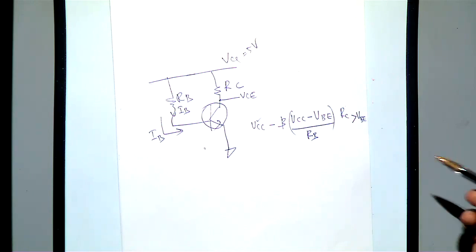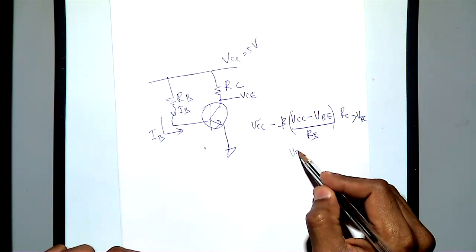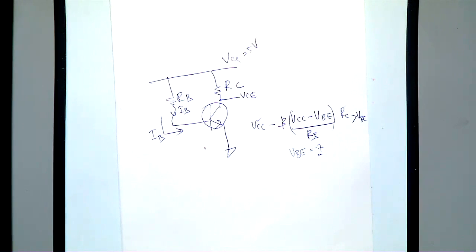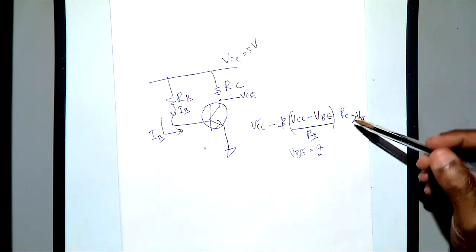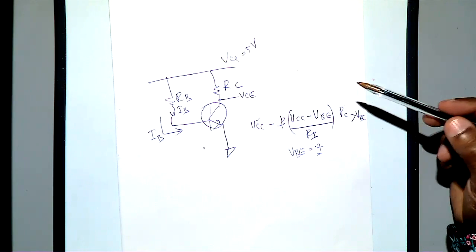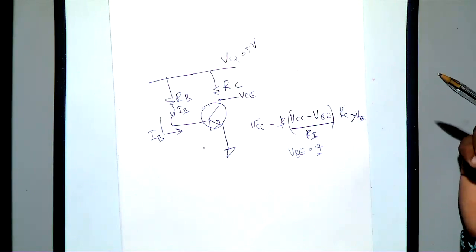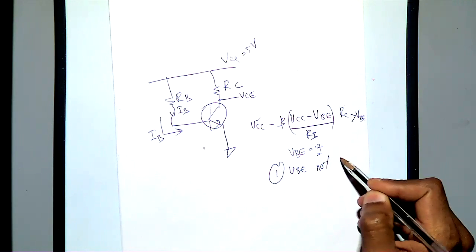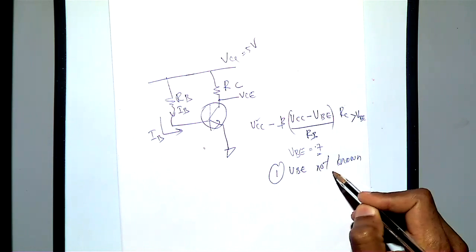If I assume VB equal to 0.7, how can I make sure that this 0.7 is correct? Actually, the 0.7 is not correct. So this biasing is not good. We have to assume some VB, but that is not the actual VB. So that is the VB problem: VB not known exactly.